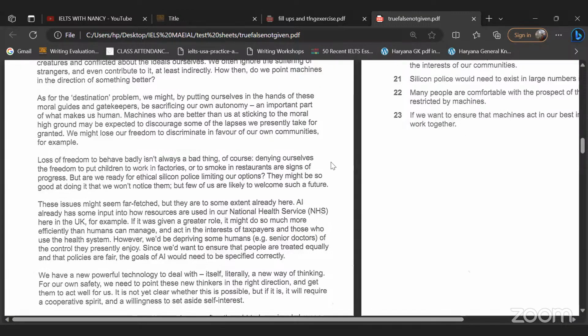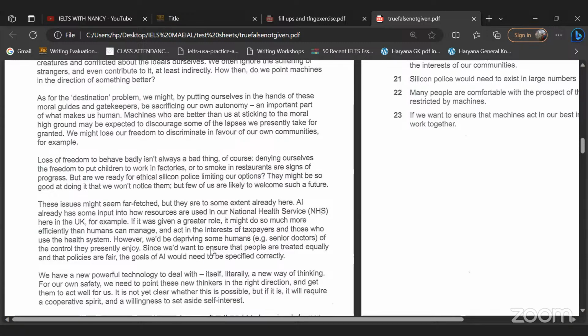Now, if you read the next, these issues might seem far-fetched, but they are to some extent already here. AI already has some input into how resources are used in the National Health Service here in the UK. For example, if it was given a greater role, it might do so much more efficiently than humans can manage, and act in the interest of taxpayers and those who use the health system.